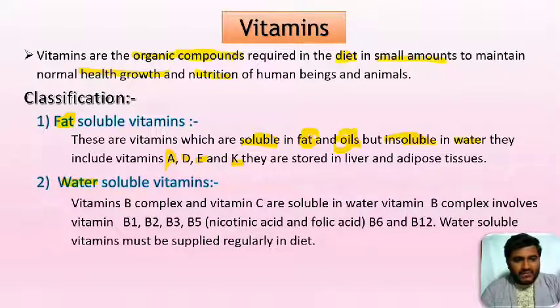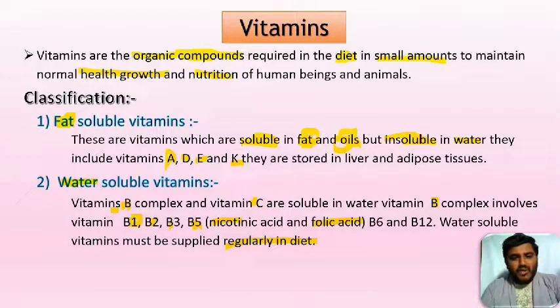Examples are vitamin B and vitamin C. In vitamin B complex there are B1, B2, B3, B5, made up of nicotinic acid and folic acid, and B6 and B12. Water soluble vitamins must be supplied regularly in the diet.